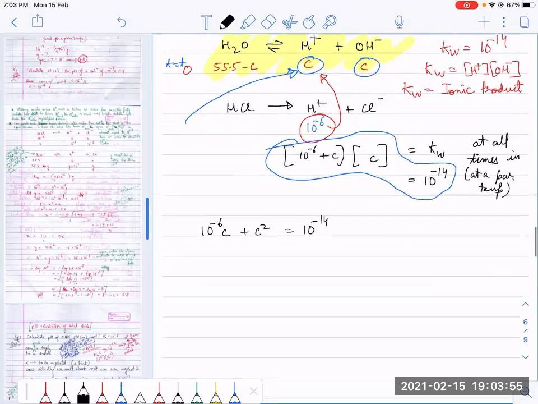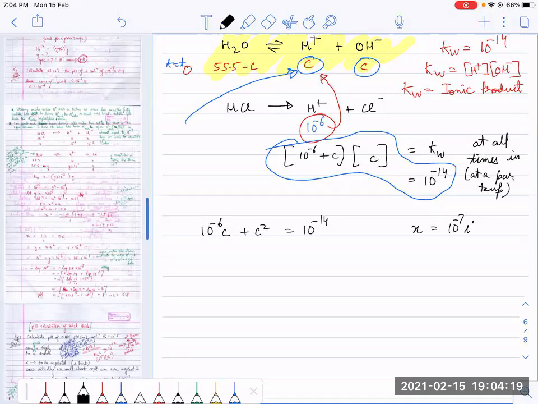Now here at this point, we make a clever substitution in the quadratic equation. Let C be equal to 10 to the power minus 7 i. This is basically a mathematical tool, nothing to do with chemistry.